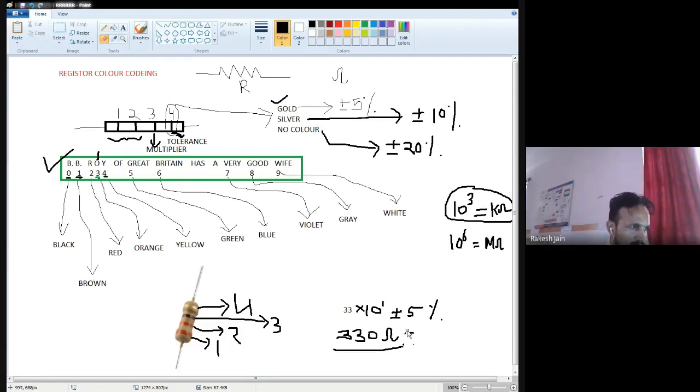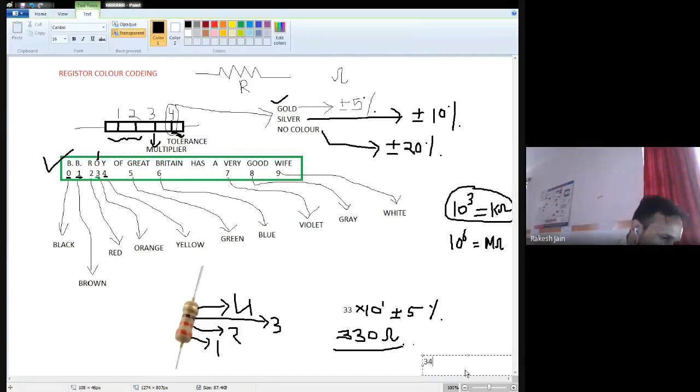Okay, so when I add 16.5, it will be 346.5. And when I subtract it from 330 ohm, it will be 313.5.